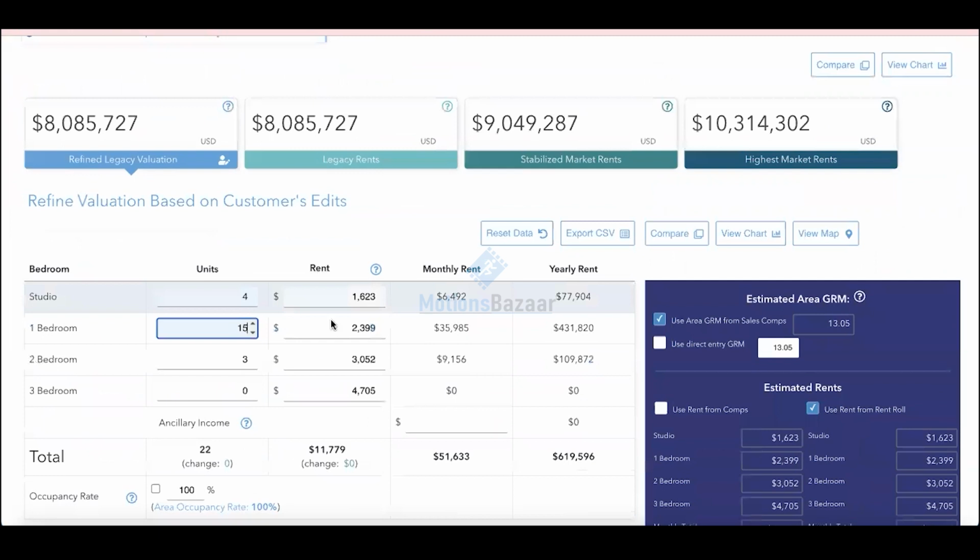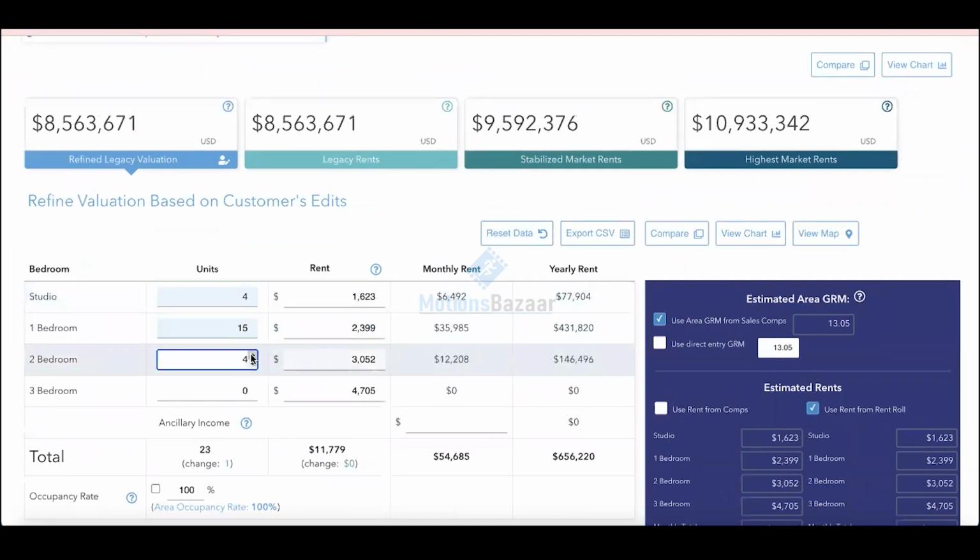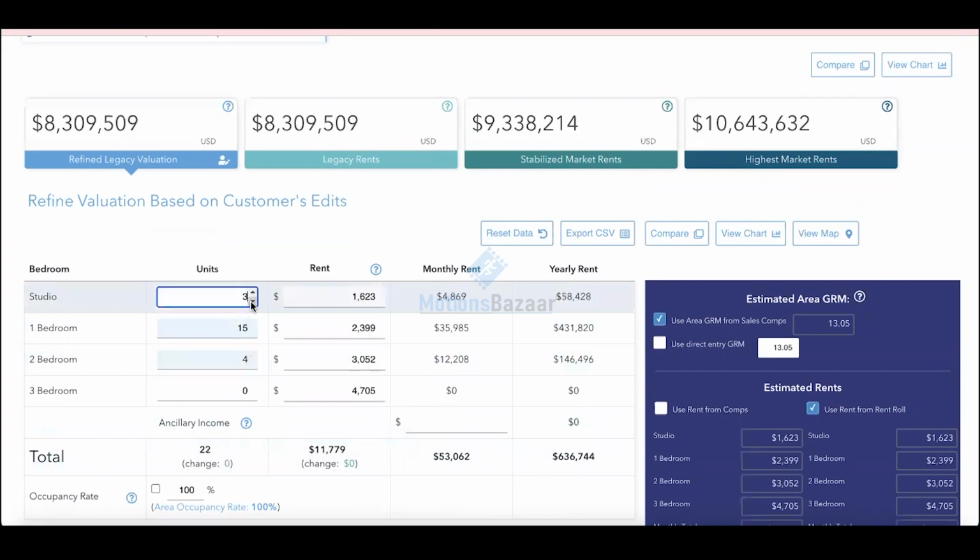But let's finish this refinement dynamic, right? Let's say I've got 4 twos, 15 ones, and 4 studios. Well, the algorithm is telling us you've added a unit that you don't have. So this is just for our purposes. Let's say that's it. But my rents are not 1,600, 2,300, and 3,000. My studios actually are about 1,750.